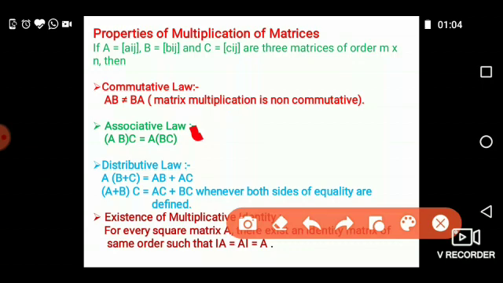Next, existence of multiplicative identity.